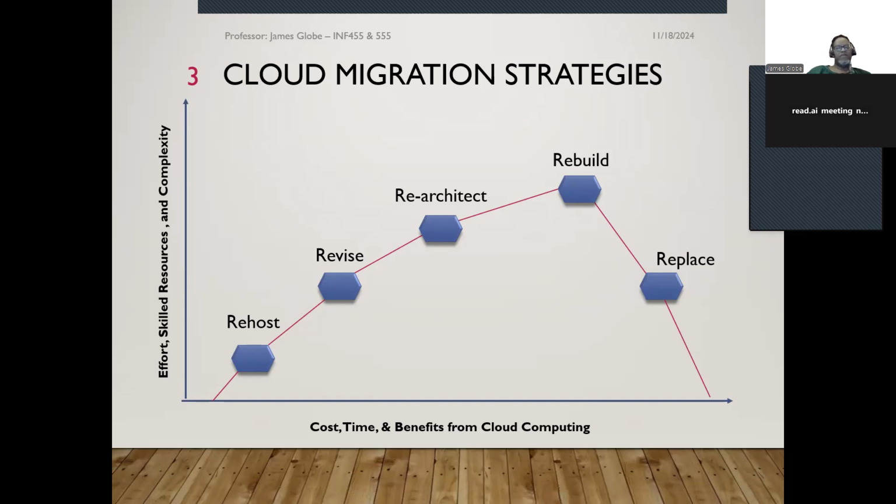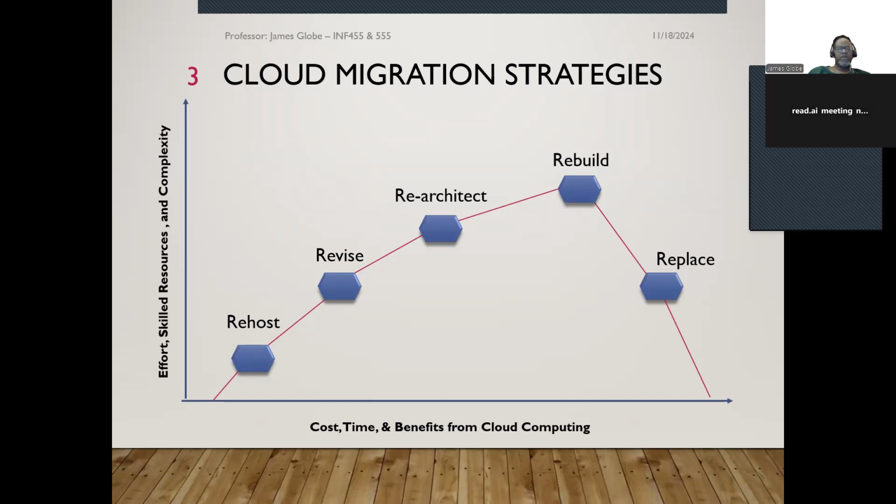The decision they have to make is, do we want to just take our existing application and rehost them on virtual servers and endpoints using virtual networking equipment? As you can see here from the diagram, that takes less effort, less skill, less resources.